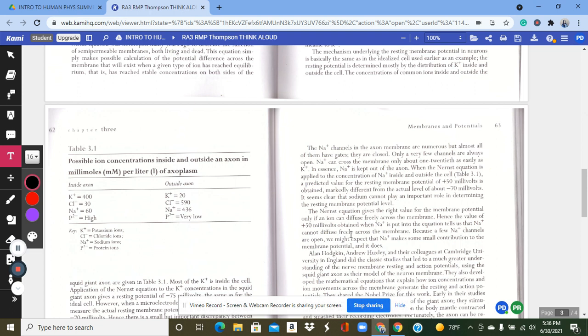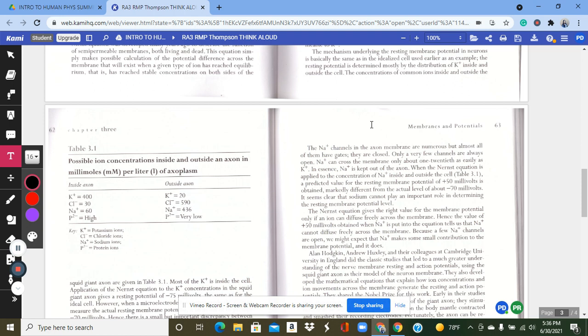So, for example, let's say that potassium is a positively charged ion that has an intracellular concentration of, let's say, 14 millimoles, and an extracellular concentration of, let's say, 140 millimoles.